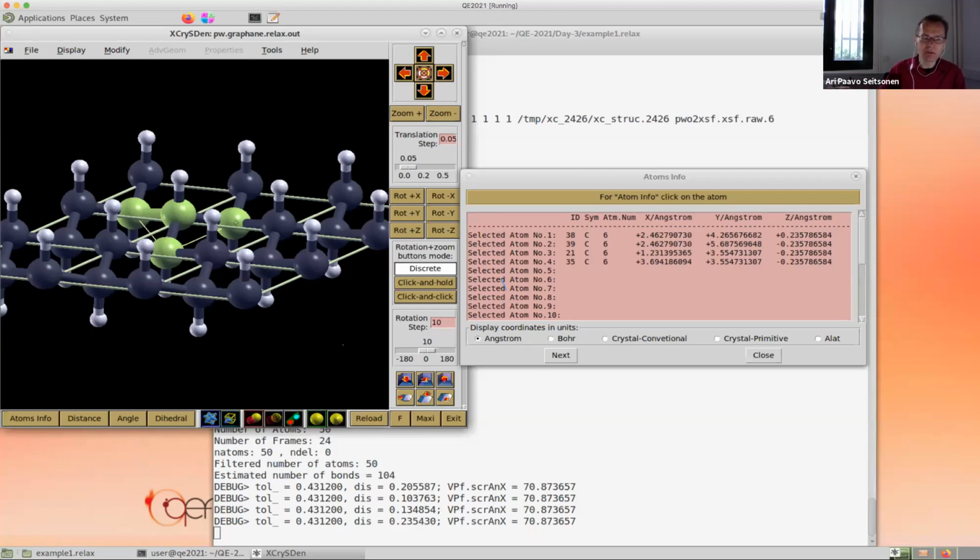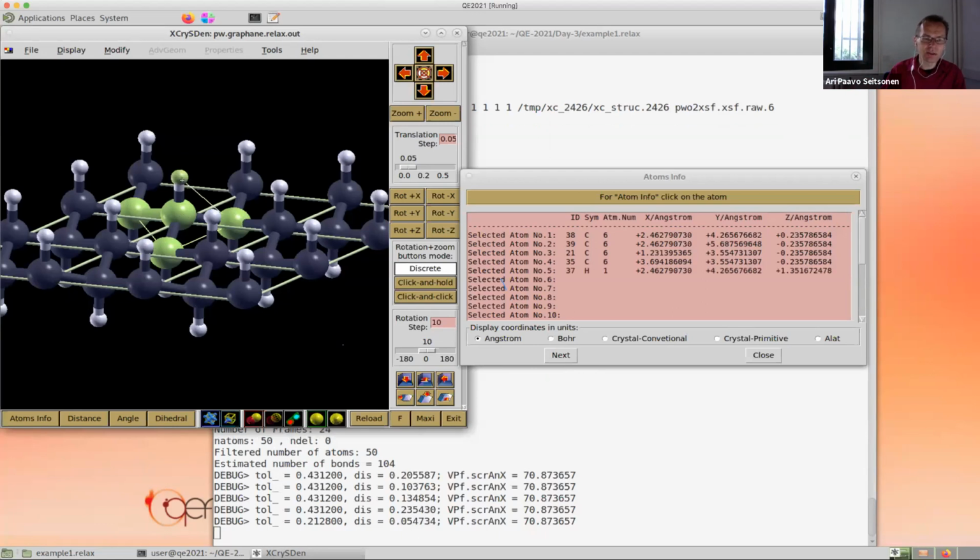You remember there were 2 carbon atoms in the cell, so one had the carbon up, the other one down, and by these periodic boundary conditions, these are all 3 around this central carbon atom, and then there's 1 hydrogen above. So this gives the central carbon atom this kind of sp3 hybridization. So it's close to the perfect sp3 tetrahedron.